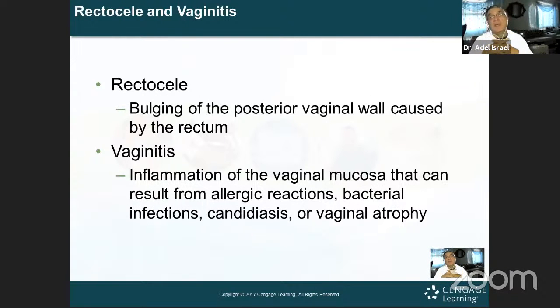So each time she needs to void urine, she has to lift the anterior vaginal wall with her finger to give the bladder a chance to empty itself. And this is also the case for the rectocele, which is of course very bad and annoying to the lady. We have to operate on it as much as we can.